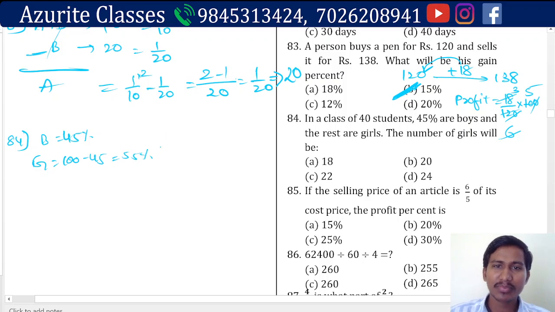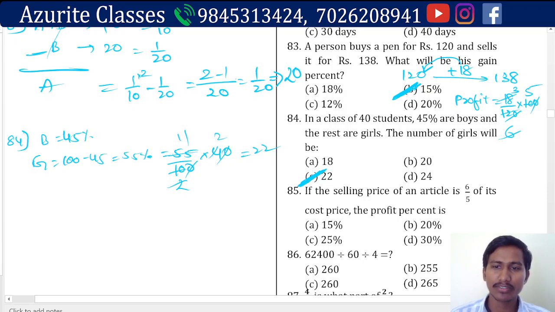So that is 55% of 40 students. So 10 10 cancel. 5 you divide it, 5 11s are 55, 5 2s are 10, and 2 2s are 4. 11 2s are 22 students will be the answer, option C here. Okay, so 11 2s, the answer will be 22, option C for 84.